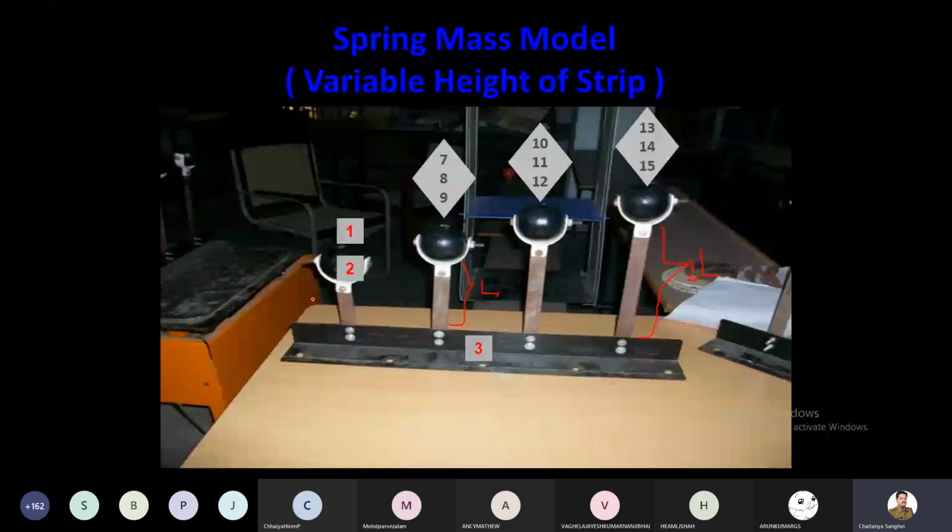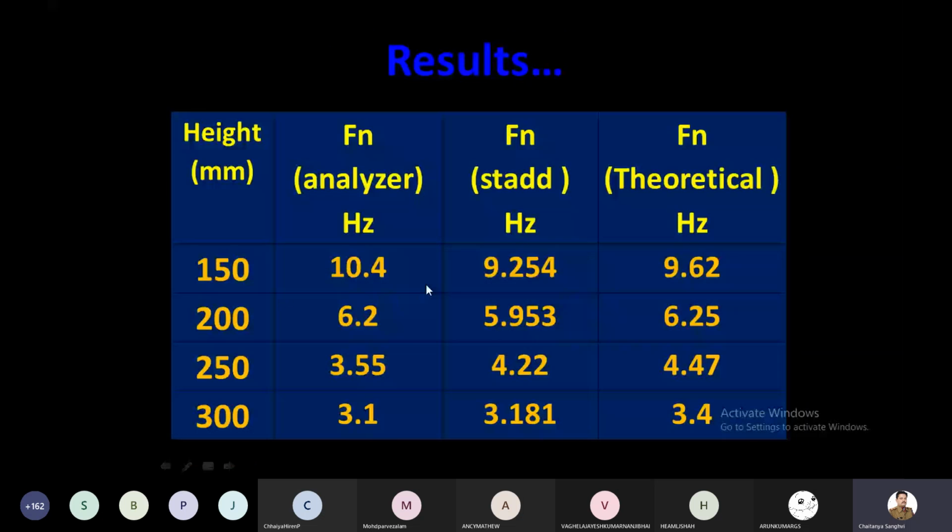The stiffness of all models will change, and then we get a different response. If height is more, then frequency is less, right? And if height is less, frequency is more, because it's 12EI upon L cubed, and L is in the denominator. So if L increases, frequency will reduce, right? So length will increase.